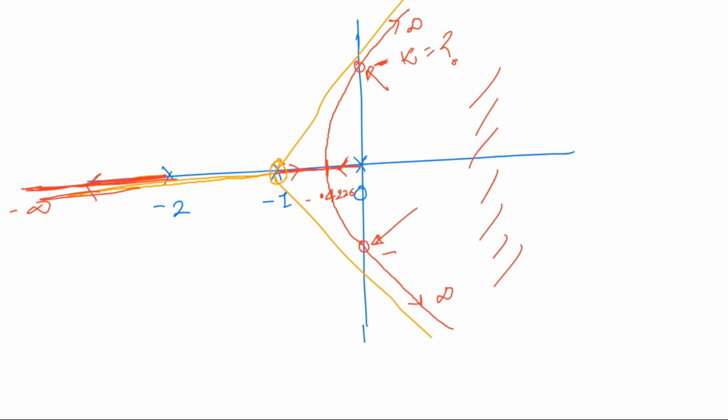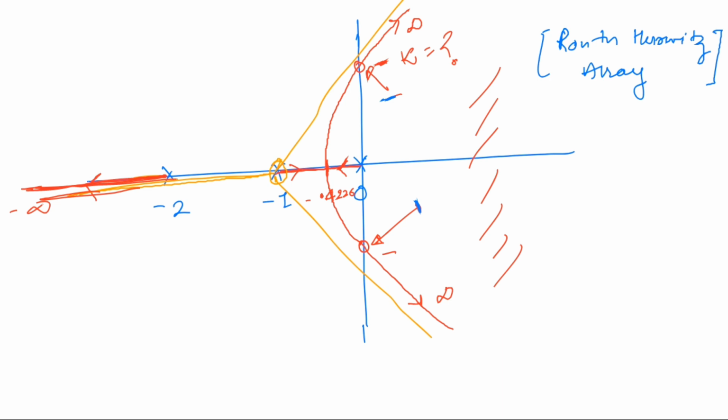This gives the origin for the next rule of our root locus, which is root locus on the imaginary axis: at which point they cut the imaginary axis. For this, as we have already studied the Routh-Hurwitz array, I'm directly going to apply it to find the point where the root locus cuts the imaginary axis.